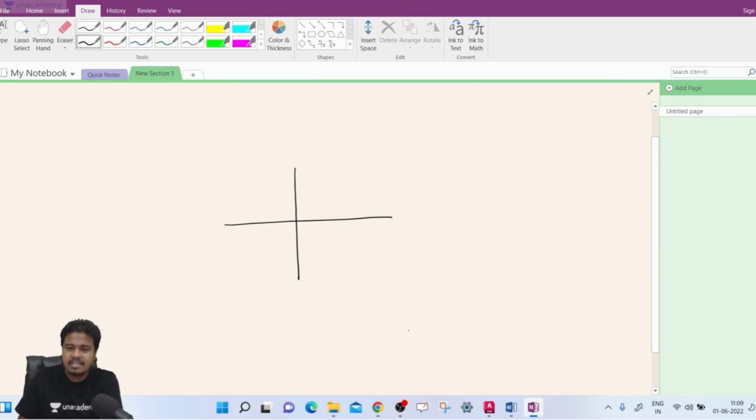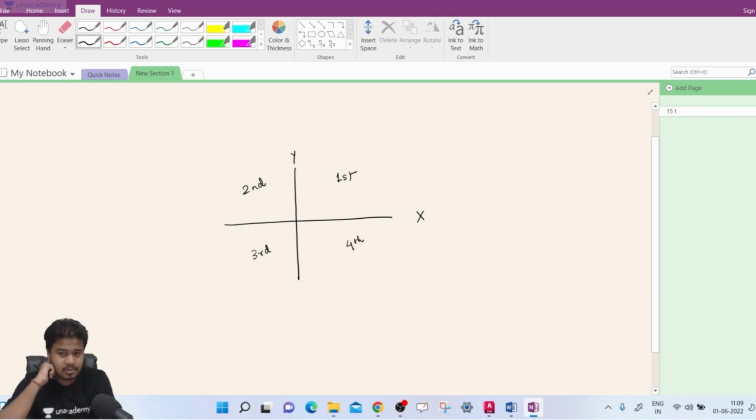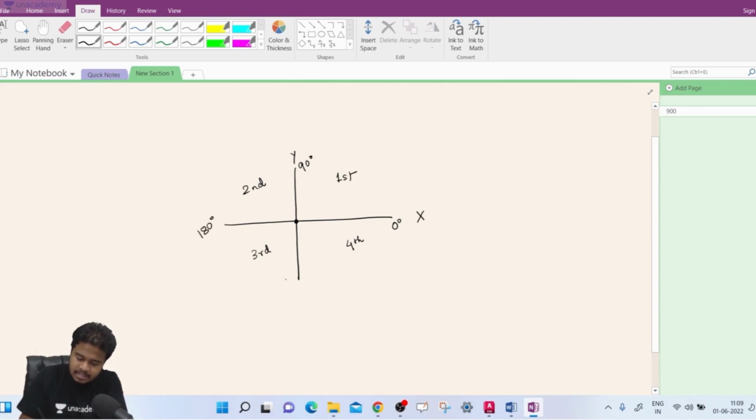let's say this is the coordinate system X and Y. We know that this is the first quadrant, this is the second quadrant, this is the third quadrant, this is the fourth quadrant. Now this is 0 degree, this is 90 degree, this is 180 degree, this is 270 degree, again this is 360 degree.